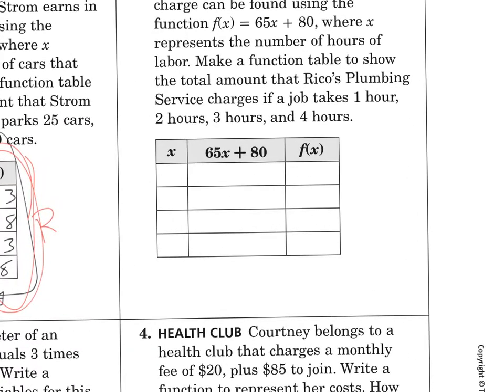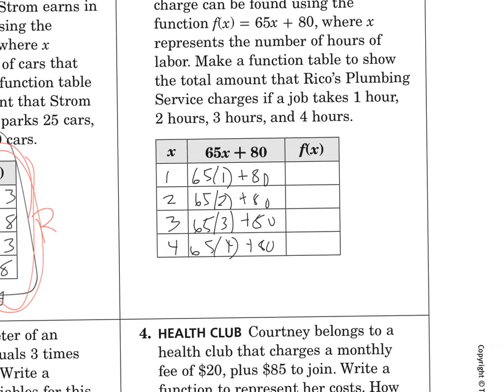So this one's a little bit more straightforward. You're going to pay $65 an hour plus the $80 fee. So it's a simple matter of 65 times 1 plus 80, 65 times 2 plus 80, 65 times 3 plus 80, and 65 times 4 plus 80.